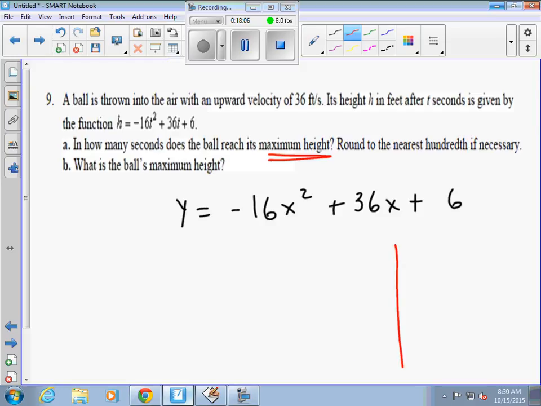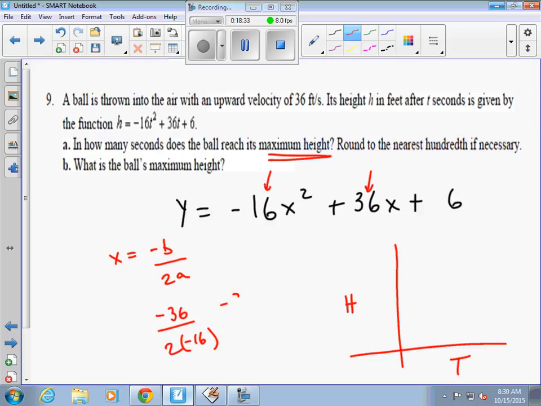So if you have time on the bottom and height on the y-axis, you know if it's maximum height, it says in how many seconds. So at what time? So right here, you're looking for the x value. Remember, x is equal to -b over 2a. -b is -36 over 2 times a, which is -16.